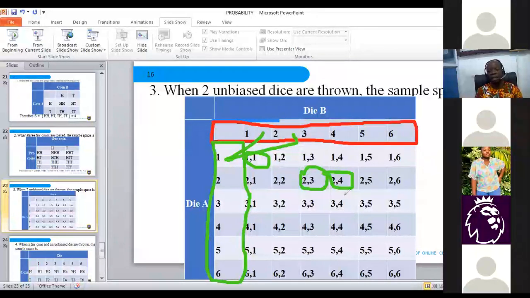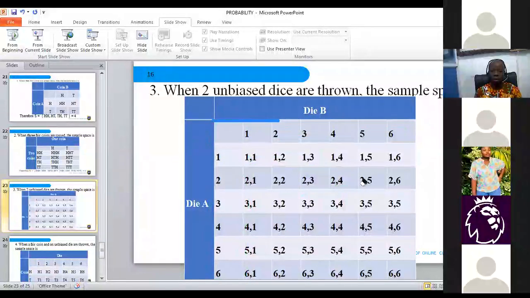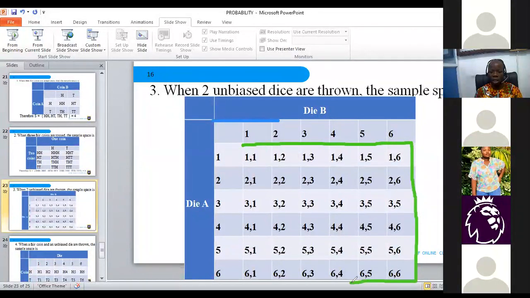You will see that this is a square. The number of rows is equal to the number of columns. If you want to find the sample space, you are going to count the possible outcomes with two results, so we are going to count all the results in this box.